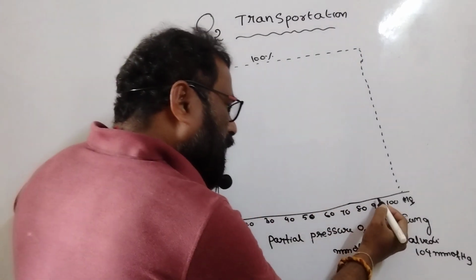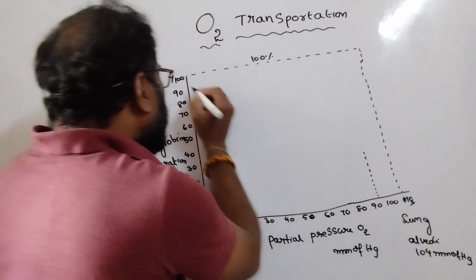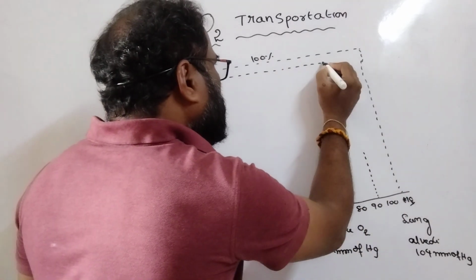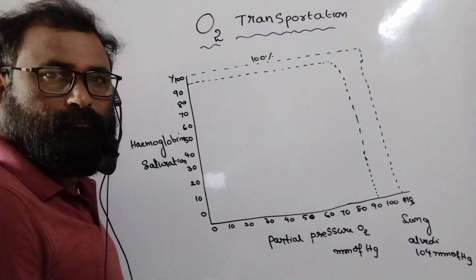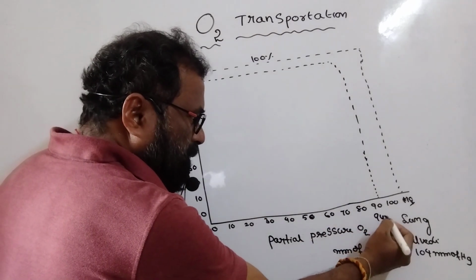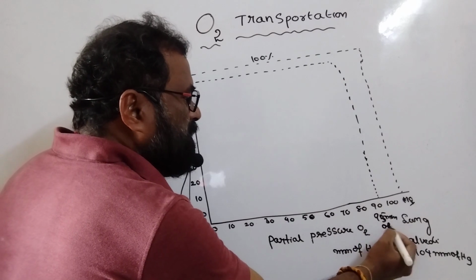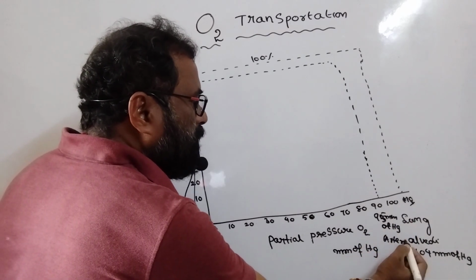Second, at 95 mm of Hg, 97% of hemoglobin is saturated. This 95 mm of Hg is seen in the arterial blood, arteries.